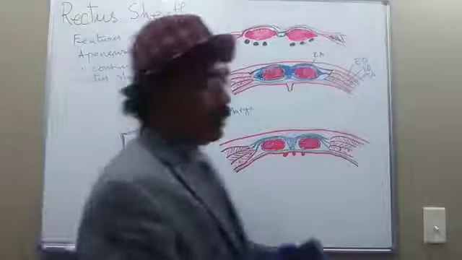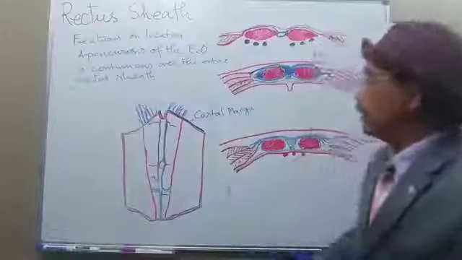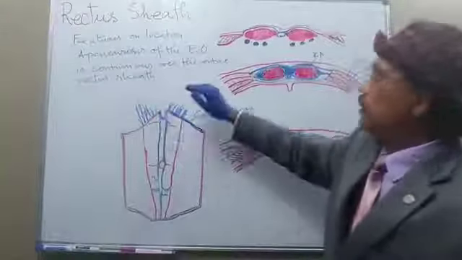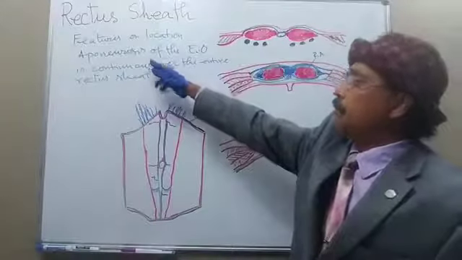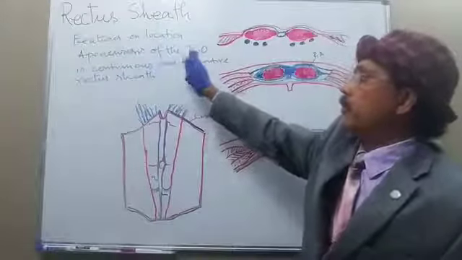That means the anterior layer of the rectus sheath is formed by the aponeurosis of the external oblique.